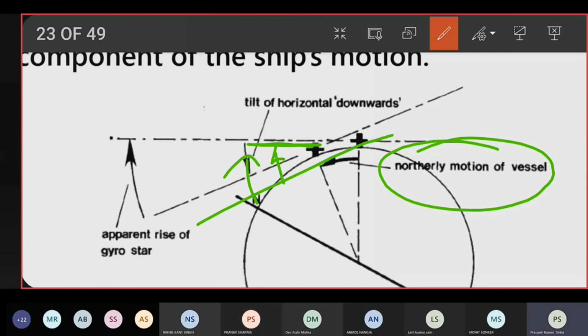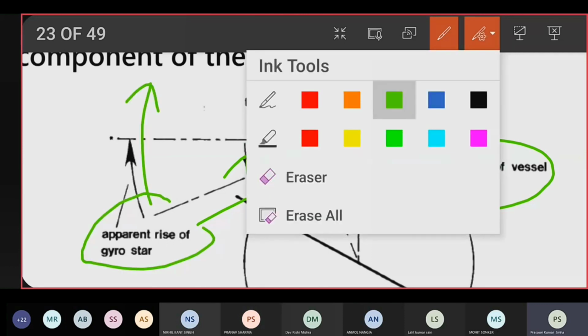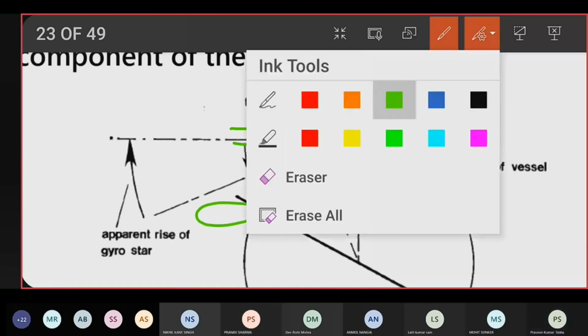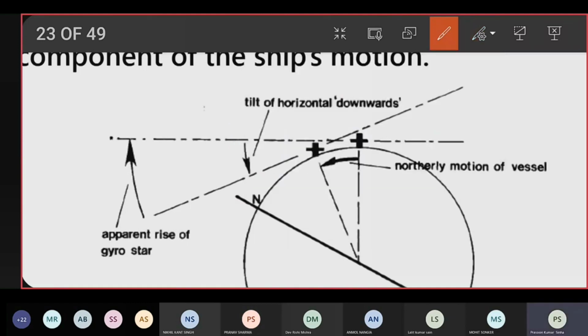So the gyro star seems to go up, and with that the spin axis also seems to go up. यहां पे आएंगे तो spin axis will be something like this. ये horizontal से इतना ऊपर हो गया हो.